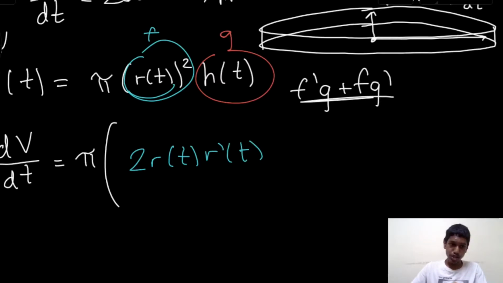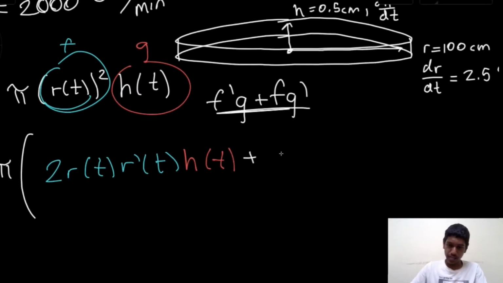And then g is h, so f is just, copy that down. g prime is h prime.